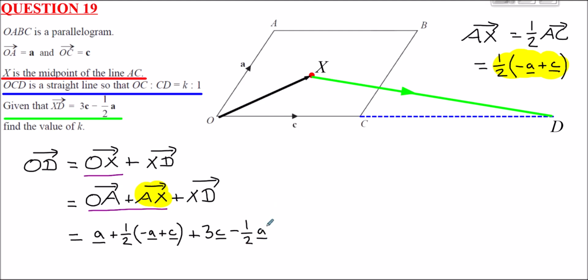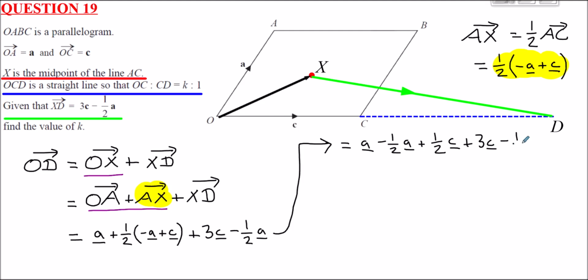So, just make myself a bit more space. If I expand this out now, half times minus A, that's minus a half of an A. Half times C, that's plus half C. Plus 3C minus a half of an A. Now look at the A's here.